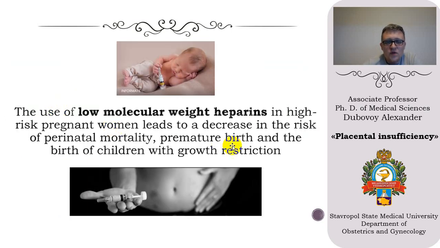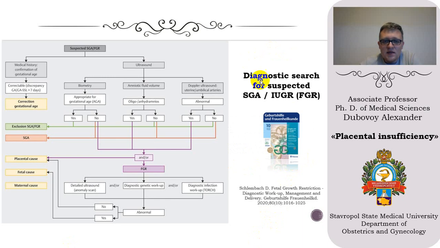The use of low molecular weight heparins in high-risk pregnant women leads to a decrease in the risk of perinatal mortality, premature birth, and the birth of children with growth restriction. And the diagnostic search for suspected small for gestational age and or intrauterine growth restriction: suspected this condition, medical history, confirmation of gestational age, and ultrasound.